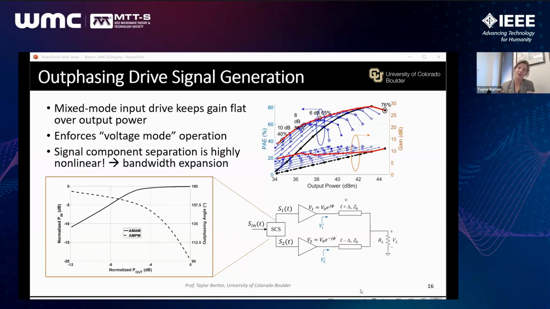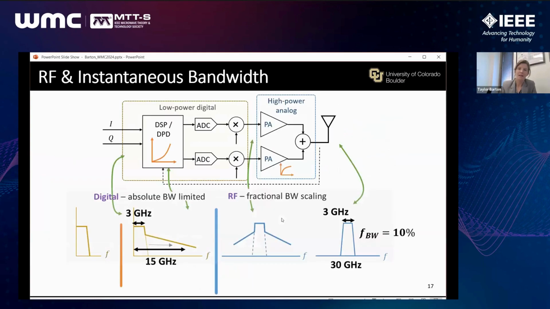So this is where outphasing has a bit of a drawback from conventional, like from Doherty, which is that the input drive is hard to do. I think I'll go quickly through this because I know we're a little bit behind schedule. But essentially in my group, what we have done is said, let's not try to do that with digital signal separation, because as you scale to higher and higher carrier frequencies, your fractional bandwidth comes along for the ride.